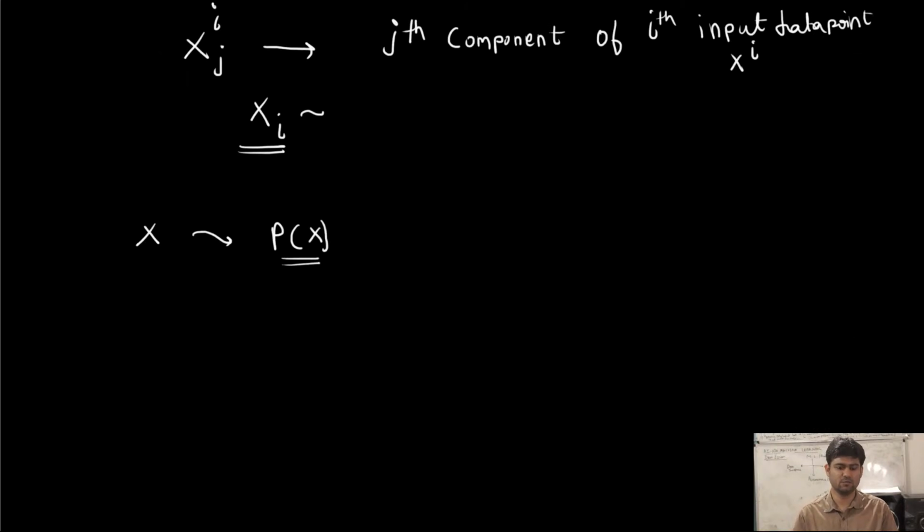We'll denote the dot product between two vectors. Let's suppose there are two vectors a and b. We'll denote the dot product using this notation, or we may denote it simply as A transpose times B, where both A and B are k-dimensional real vectors.